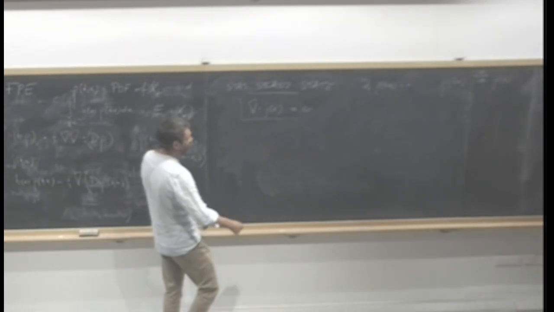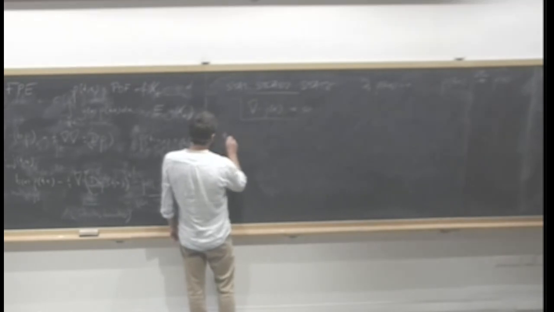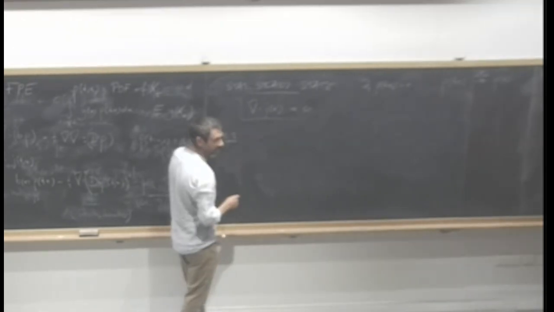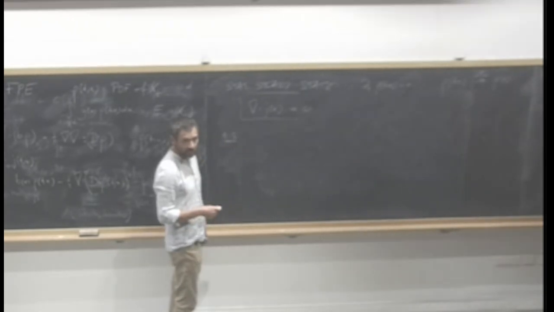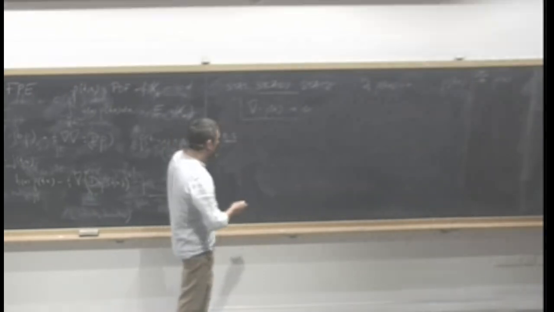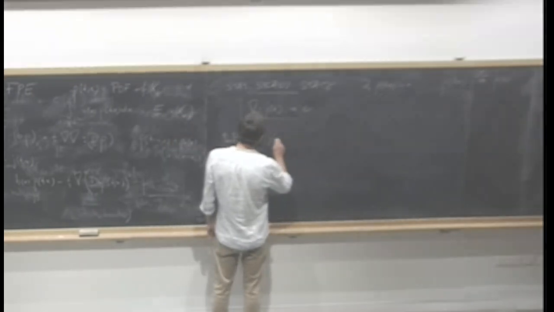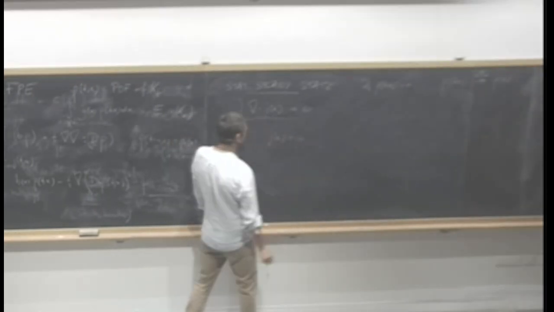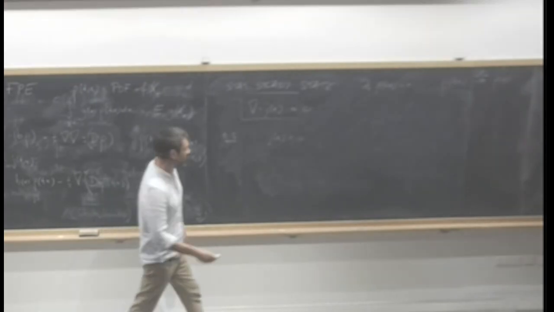Now there are two cases that you could imagine. One is the equilibrium steady state. If you want to make this equal to 0, you can make it in two ways. Either you can say this guy is equal to 0: no current.